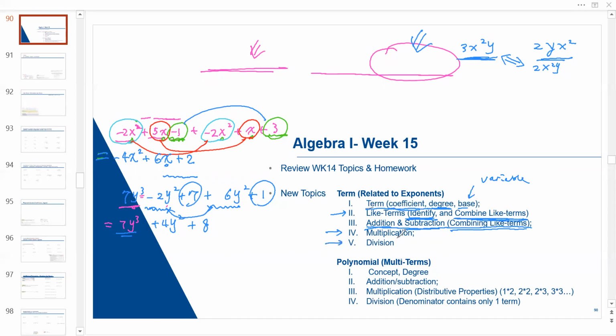About the multiplication and division part, we talked about that in the exponent area. Actually, the homework from the week before last week is related to this part. We have ax y times bxy. I mean, given any two terms, when you multiply them together, the coefficients multiply together, right?